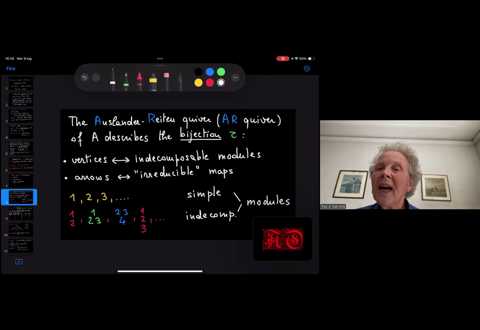The vertices of the Auslander-Reiten quiver are the indecomposable left A modules over the algebra A, while the arrows in the Auslander-Reiten quiver describe the irreducible maps, which are some maps which are either injective or surjective. I will denote with 1, 2, 3, and so on, the simple module corresponding to the vertices 1, 2, 3 in the path algebra given by a certain quiver.